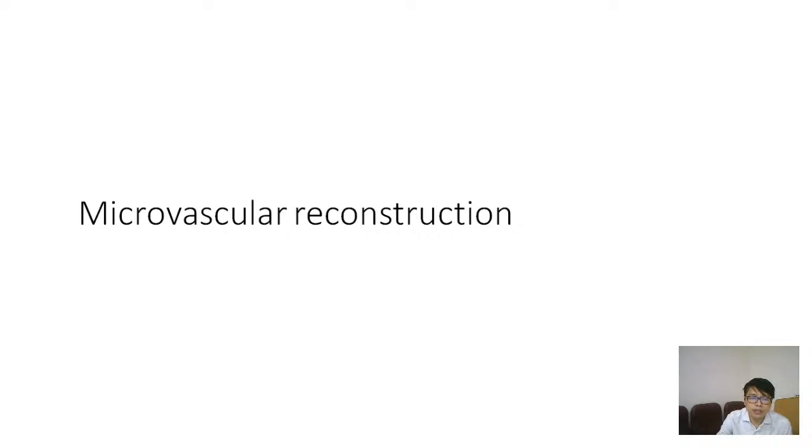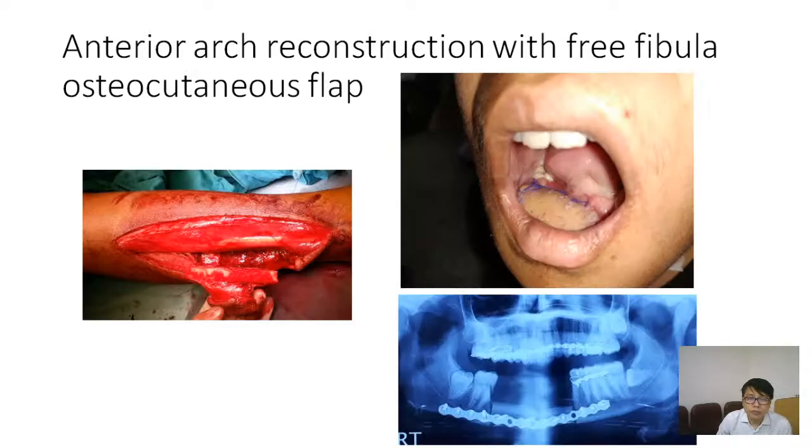In terms of reconstruction, there is also something called microvascular reconstruction, in which we harvest tissue from another part of the body and put it into the surgical defect in the head and neck, so that the morbidity is less. For example, in this patient, if the anterior arch is resected, the patient will not be able to swallow, and the dental alignment is also going to go off, and the patient is going to have a bad deformity known as Andy Gump deformity.